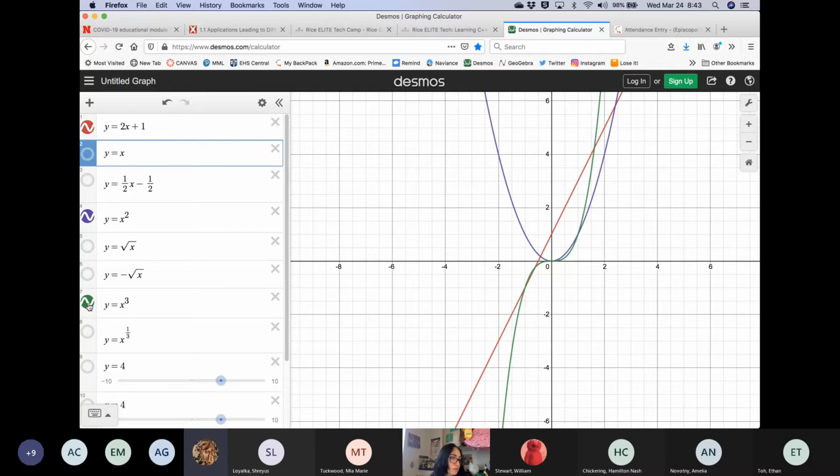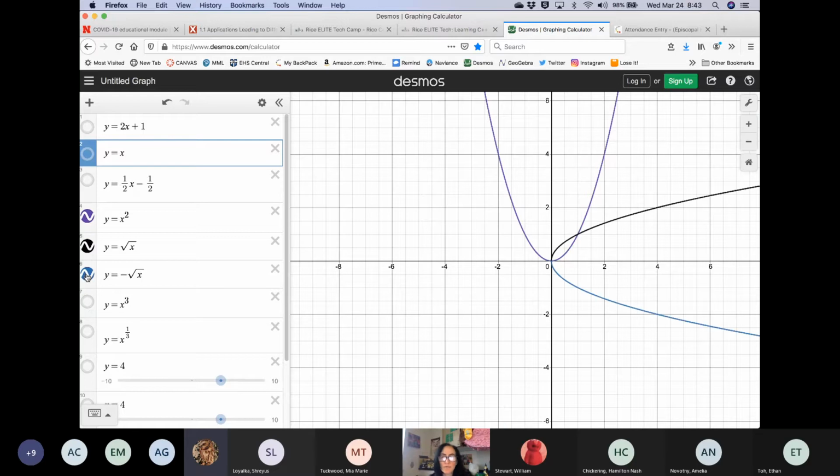So what would you have to do to a function whose image was not a function to make it a function? What would I have to do to this image to make it a function? Reflect on the x-axis. Reflected along the x-axis, I would get the original. What would I have to do to this to get it to be a function?